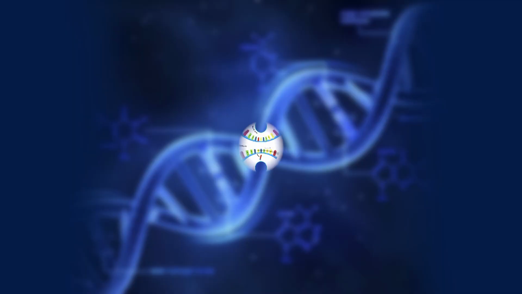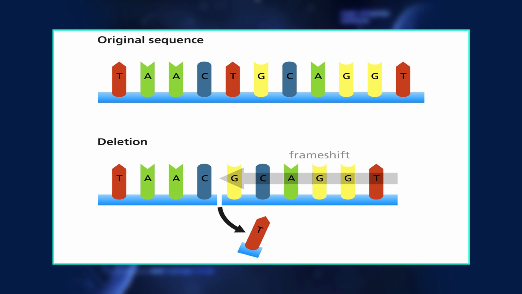There also exist nonsense mutations, where base alterations in the coding region code for a premature stop codon, producing a shorter final protein. Point mutations, or single base pair changes in the coding region that code for different amino acids during the translation process, are called missense mutations. Other types of mutations include frameshift mutations such as insertions or deletions.